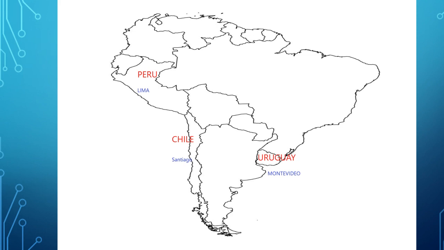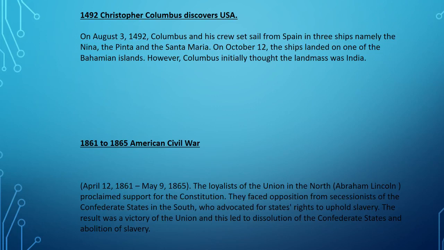In the next section, we'll talk about some historical events of USA. In the first week of August 1492, Columbus started his voyage from Spain in three ships, namely Nina, Pinta, and Santa Maria.